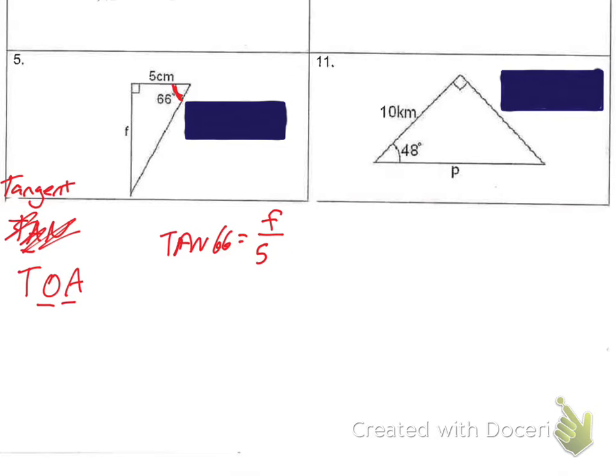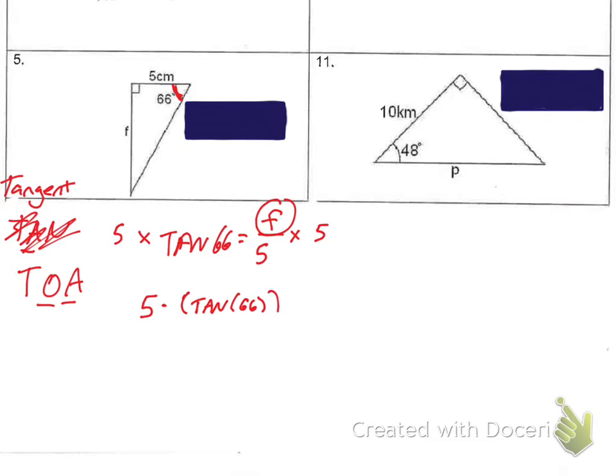So then, knowing that I have to get F by itself, I'm going to multiply both sides by 5, and then my calculator is going to look like this. It's going to be like 5 times, and then I'm going to put a parentheses, tangent, and then there'll be another parentheses, and I'll put in 66, and then I'll end it with a parentheses right there.